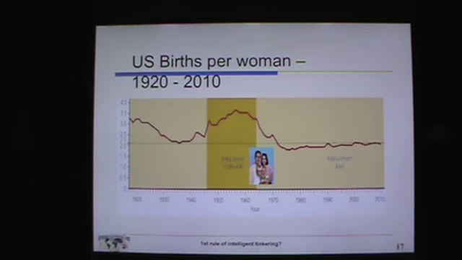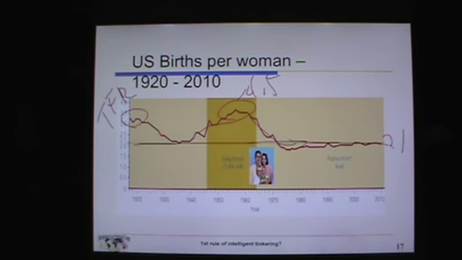So looking at the United States, this is the births per woman, the total fertility rate. In 1920, that hovered about 3. We went through this baby boom after World War II, and it jumped up to almost 4.5. After the baby boom, it has dropped down. This line here is 2.1.